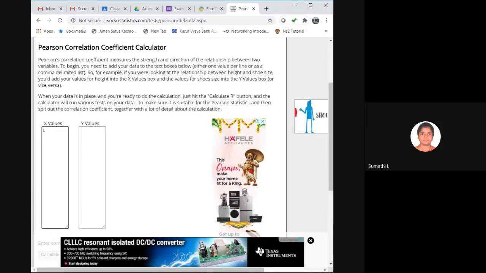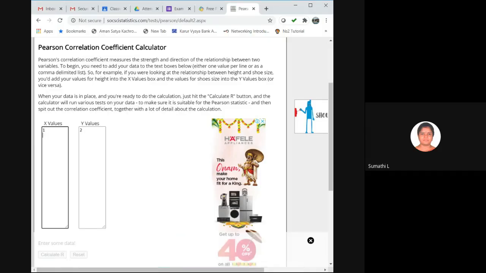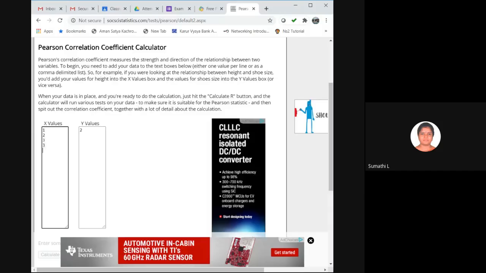I am putting in a relationship. To have a relationship, I will multiply by 2. So I will have 1, 2, 3, 4, 5, 6, 7, 8, 9, and I just multiply by 2 just to have a correlation.